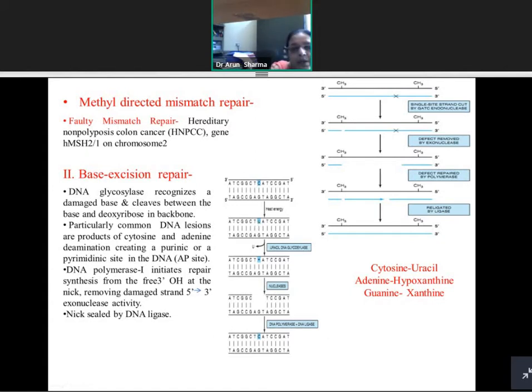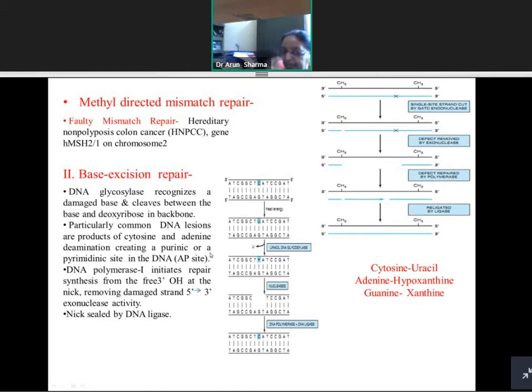Now, the particularly common DNA lesions are products of cytosine and adenine, which I have already told. Once the glycosylase removes the base, what will happen? It will result in the formation of an apurinic or apyrimidinic site.